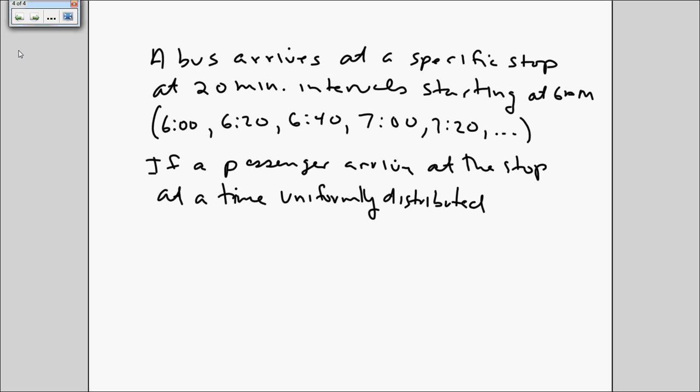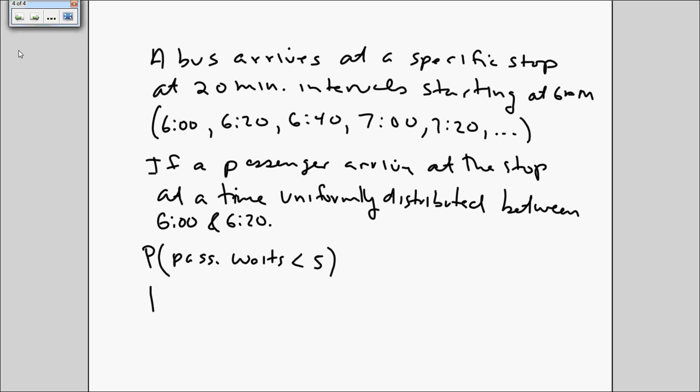Uniformly distributed between 6 a.m. and 6:20 a.m. Okay? What is the probability that the passenger waits less than 5 minutes? What is the probability that the passenger waits greater than 10 minutes?